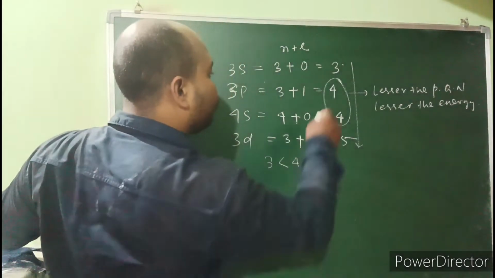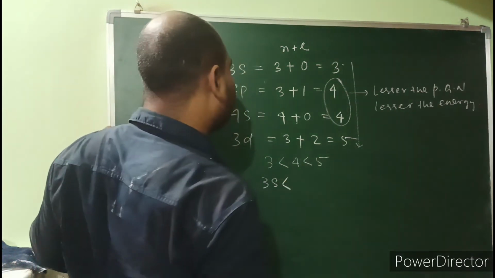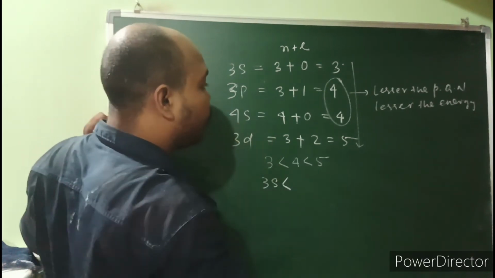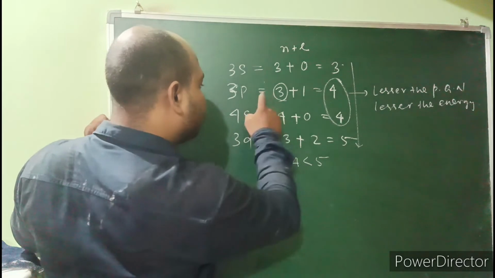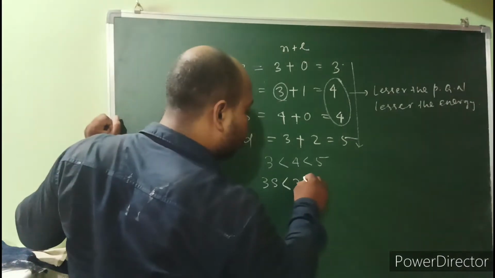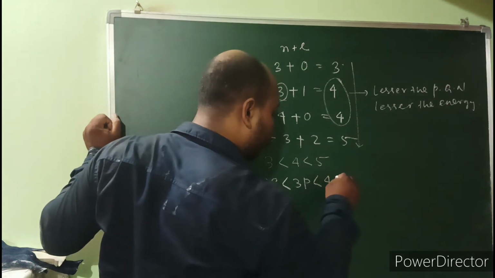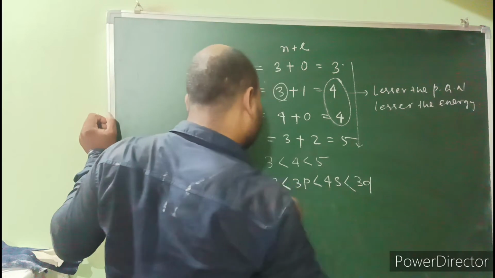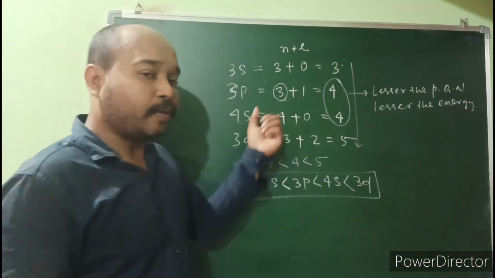In this case, the 3s subcell is lower than 3p, and 3p and 4s have equal n plus l. In that case, 3p has the lower n value, so 3p has lower energy than 4s, then 3d. So this is the mathematical sequence that we derived previously.